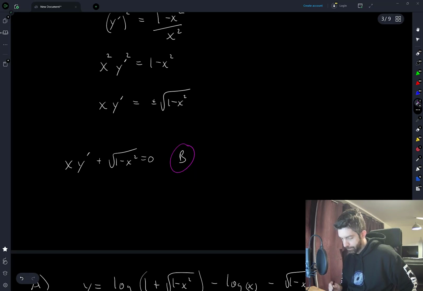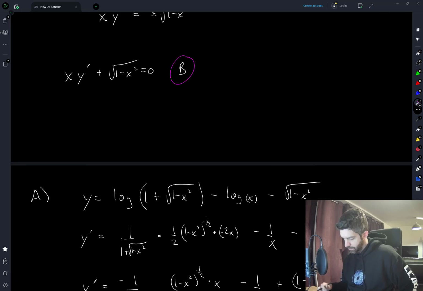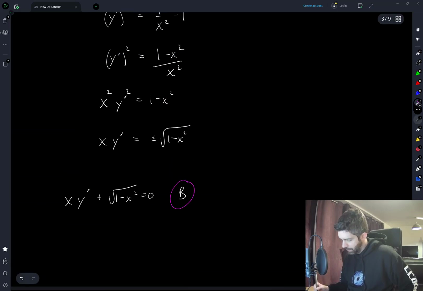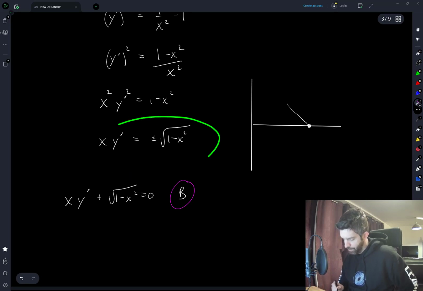But I argued that of the two ODEs that were given, only one of them can be a solution because we have to approach this point from above. The point 1, 0 has to be approached from above, so the derivative has to be negative when x is equal to 1. And so of these two ODEs that we derive, we have to take the negative sign here to ensure that y prime is negative.